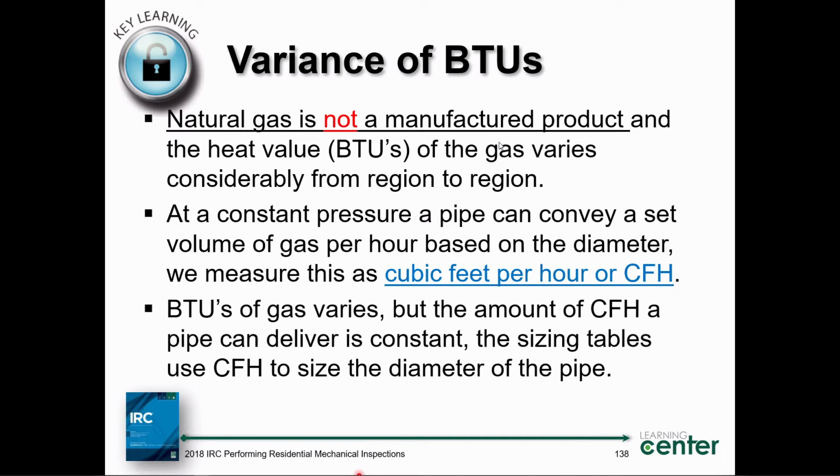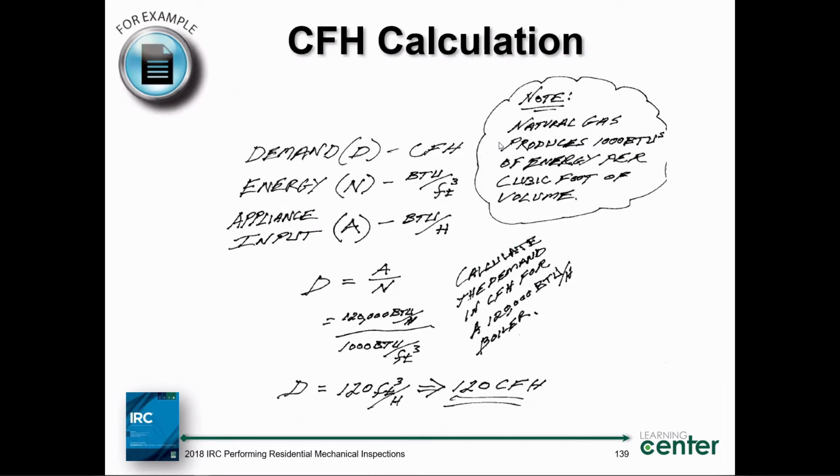We got to convert BTUs per hour to cubic feet per hour. Now, I wrote an equation. I call it the Dan equation. Here it is. You think I'm kidding, right? I'm not. I call it the Dan equation. We want to find the demand of natural gas in cubic feet per hour. It's a conversion factor. D is demand, cubic feet per hour. N is the amount of energy that's produced from natural gas.